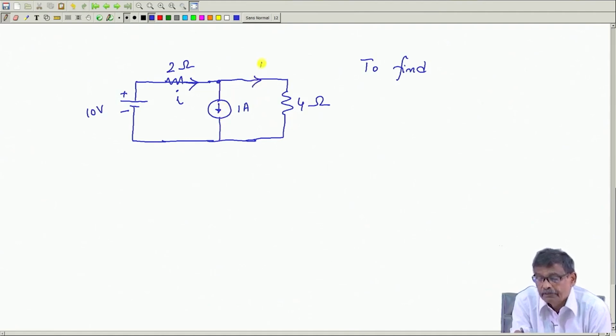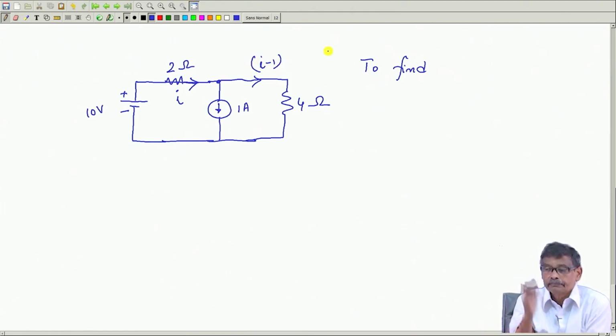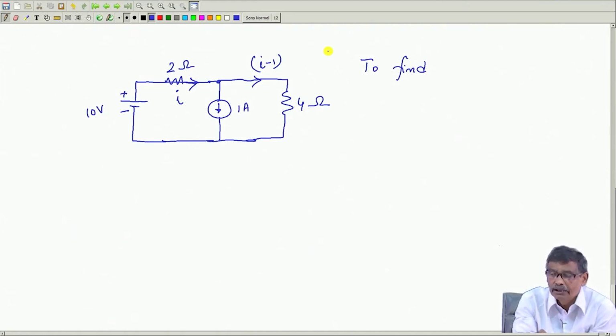So this current must be I minus 1 ampere, is it not? This is what I will try to find out. So there is one unknown, small I, that I have to find out. KCL I have already applied.